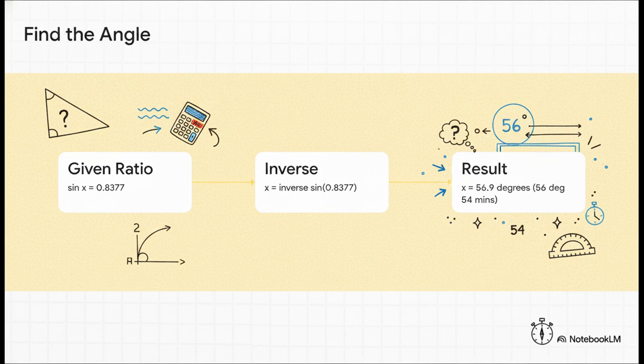To find x, you punch in inverse sine of 0.8377. Your calculator basically works completely backward to reveal that the angle x is 56.9 degrees. Or if we use our new clock trick, 56 degrees and 54 minutes. And hey, the exact same logic applies to tangent. If tan x is 2.4876, hitting inverse tan gives you a 68.1 degree angle.